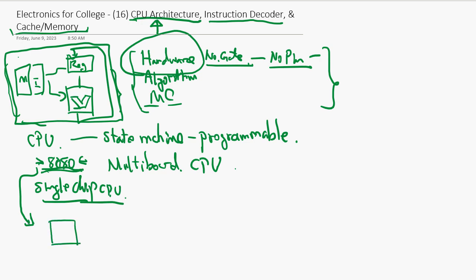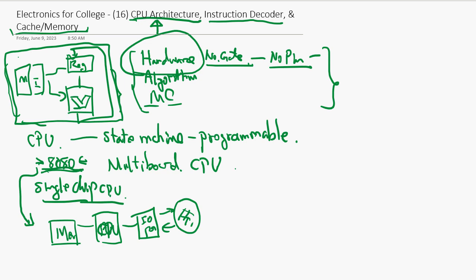Memory will be outside, and the CPU and some I/O ports, for control or sensing, anything here, and the memory is for the program. So this partition of the CPU, the architecture, is the first single chip.